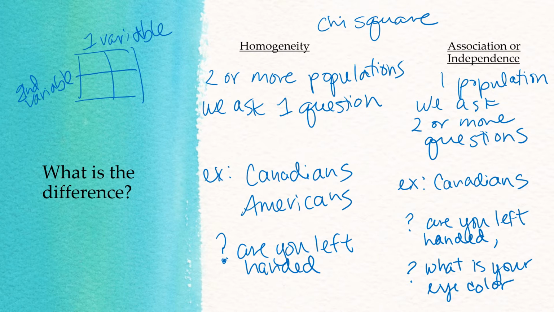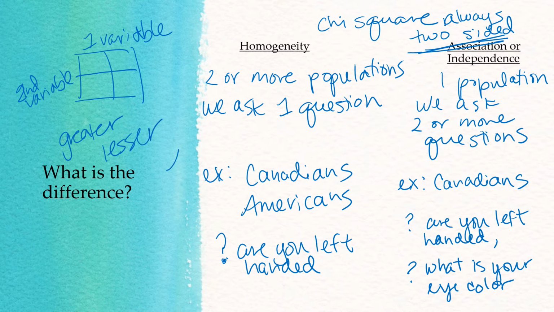So know that when we do a chi-square, whether it's homogeneity or whether it's independence, a chi-square is always two-sided. So if I'm asking something and I want to know something that's greater, is this proportion greater or lesser than another, and I'm looking at a two-way table, that would be a two-sample z-test for proportions.